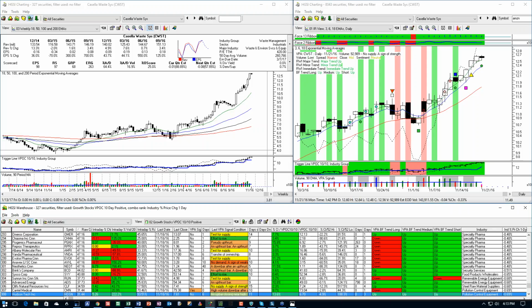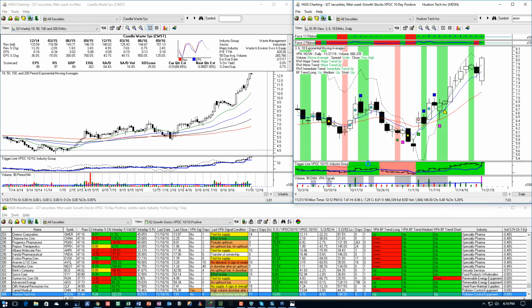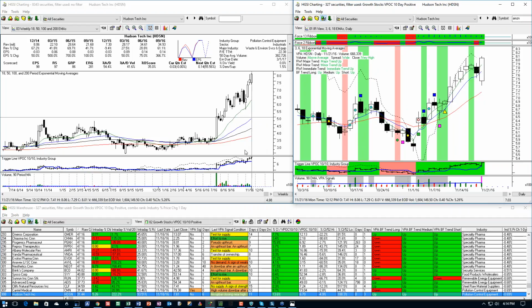Why is it down at number 308? Because yesterday the pollution control group was down 0.69%, but this stock was up 5.6% today on 222% of average volume. Now this is a good example also of a stock which was really doing nothing.